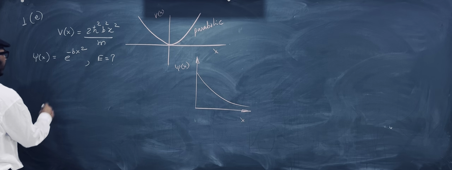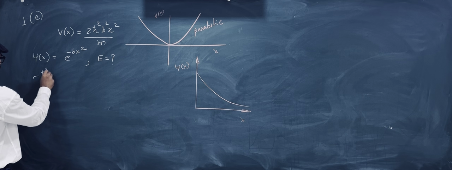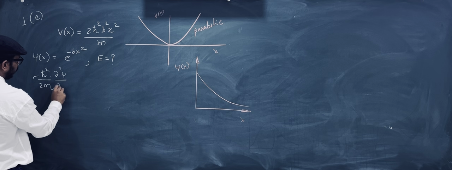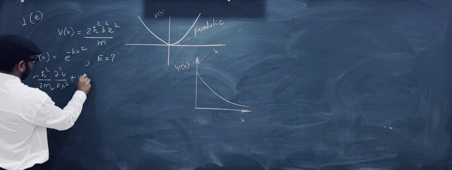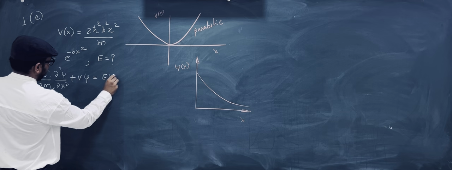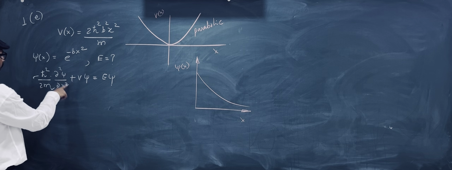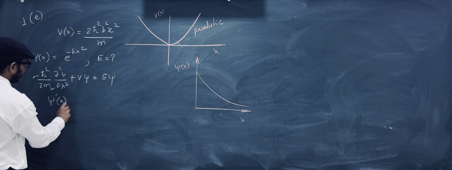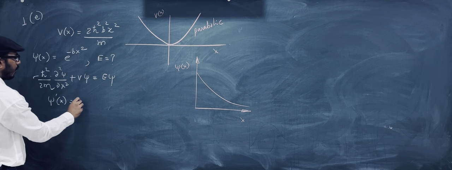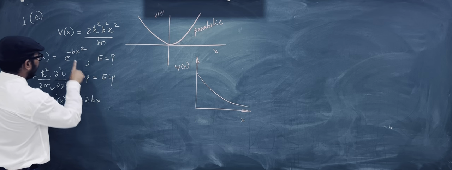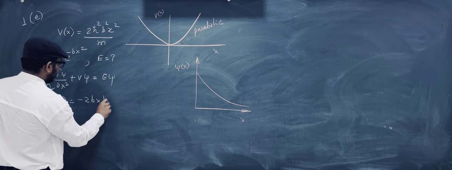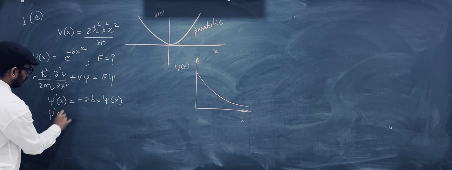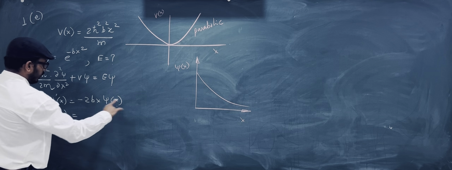So the Schrodinger equation says minus ħ² over 2m d2 psi over dx square plus V psi is E psi. So we need the second derivative of psi. The first derivative, psi dash x, is minus 2bx e power minus b x square, which will be psi x itself. For the second derivative, psi double dash x, there are two functions so we can use the chain rule.